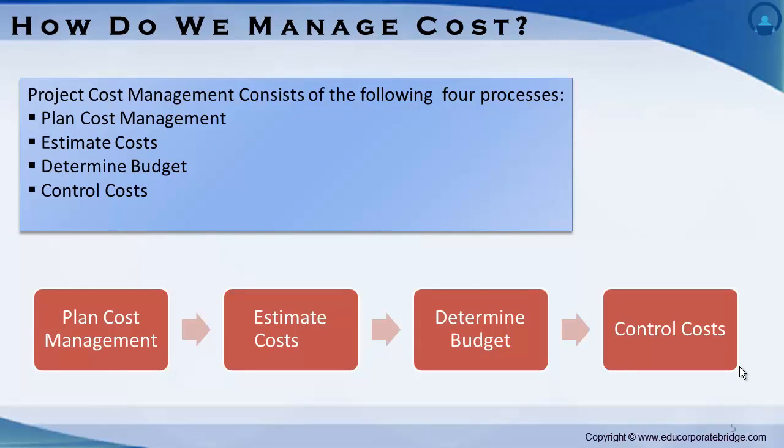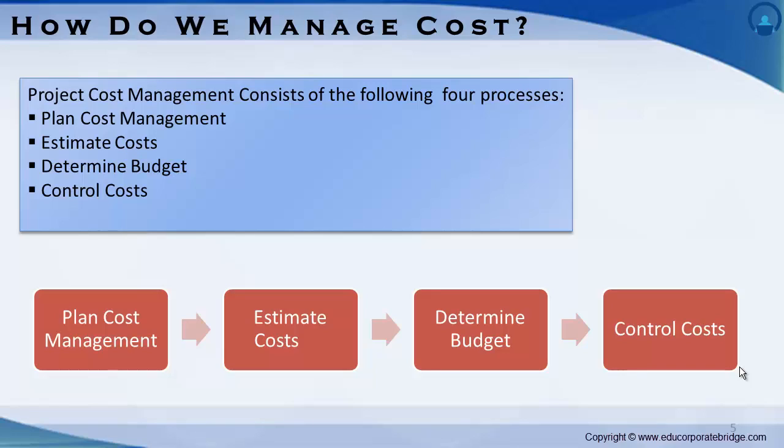Now, how do we manage cost? Cost management is achieved through four tightly coupled processes. These processes are: first, plan cost management. It is the process that establishes the policies, procedures, and documentation for planning, managing, expending, and controlling project costs.